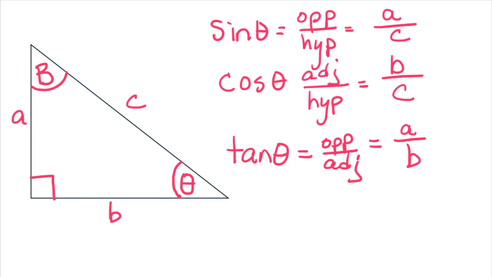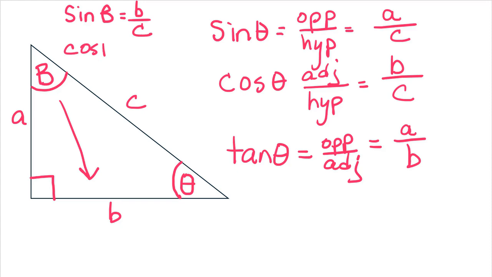So if I wanted to find the sine function for the angle B, I would say sine B this time, and that's going to be opposite over hypotenuse. Now the opposite side to B is little b, and the hypotenuse is still C. If I want to find the cosine of angle B, that is going to be adjacent over hypotenuse.